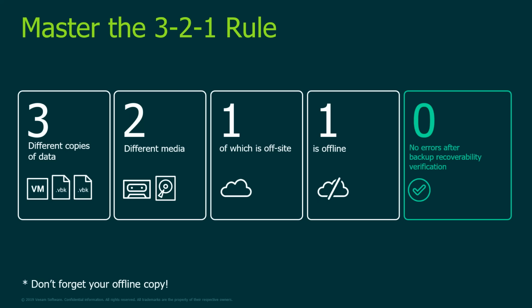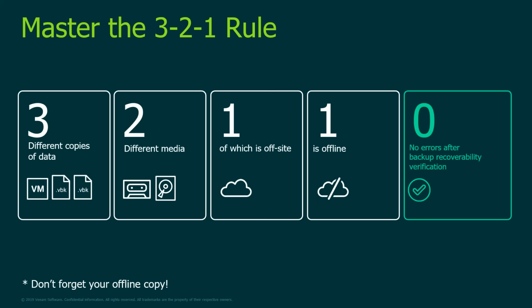You won't require any specific hardware with the 3-2-1 rule, yet you'll be resilient against a lot of different failure scenarios. You can earn extra credit if you make at least one of these copies of data be offline, and especially by using our SureBackup technology for virtual machines, you can have no surprises by having backup recovery verification.